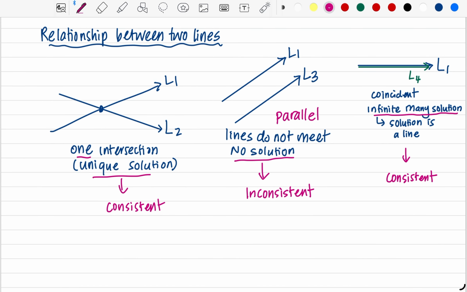So whether we have one intersection or parallel or coincident, lines over here are coplanar. Lines are coplanar, meaning they lie in the same plane.